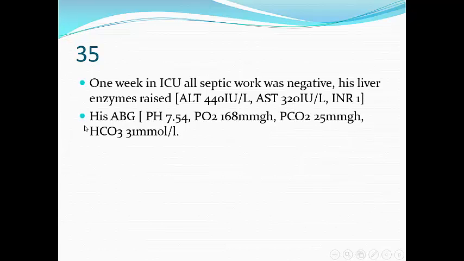His ABG: pH 7.54, PO2 168, PCO2 25, bicarb 31. What are you going to do in this patient? Step-by-step approach, please. First, pH is high, PCO2 is low, it is respiratory alkalosis. The magnitude of rise is too much compared to the drop in the PCO2, which means it's acute respiratory alkalosis. Is it hypoxic or non-hypoxic?